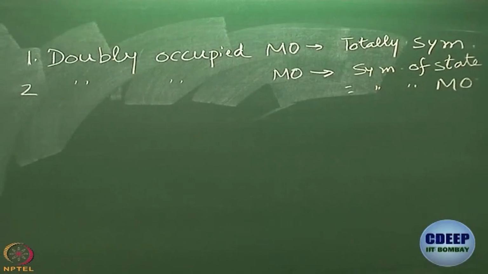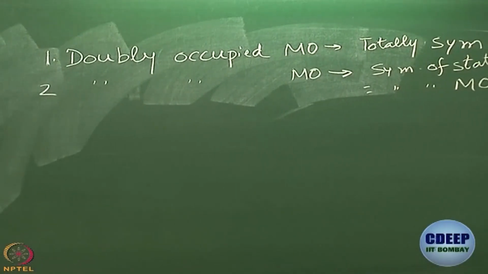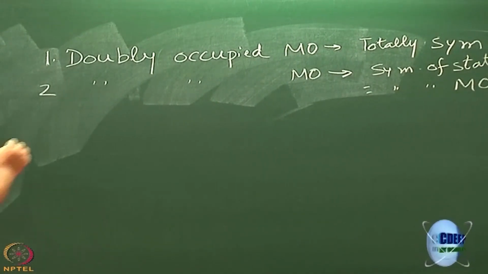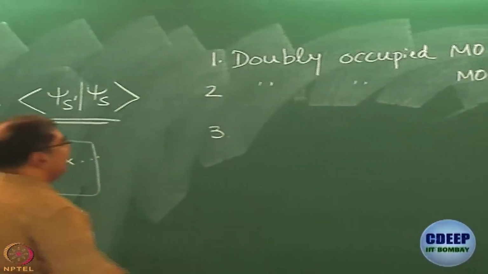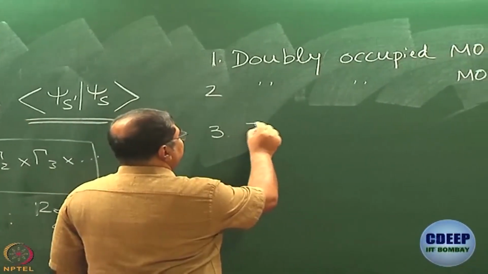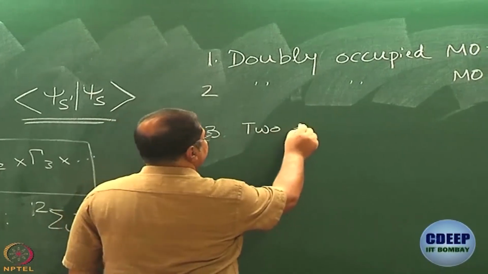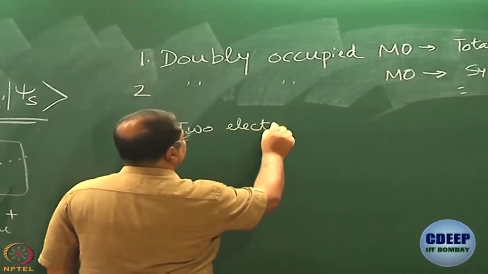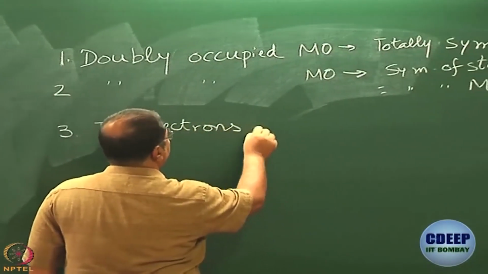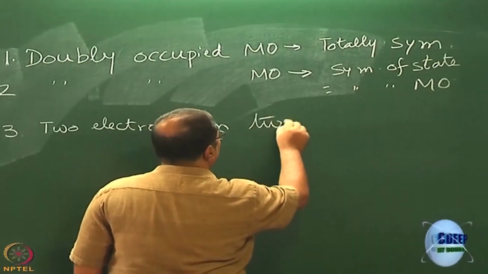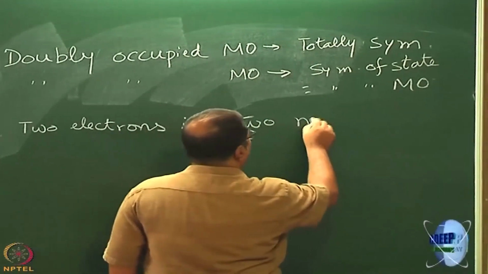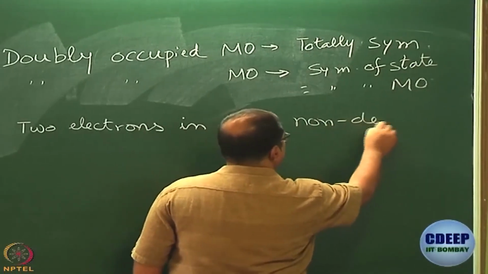Now, rule number 3 is when you have 2 electrons in 2 non-degenerate orbitals.